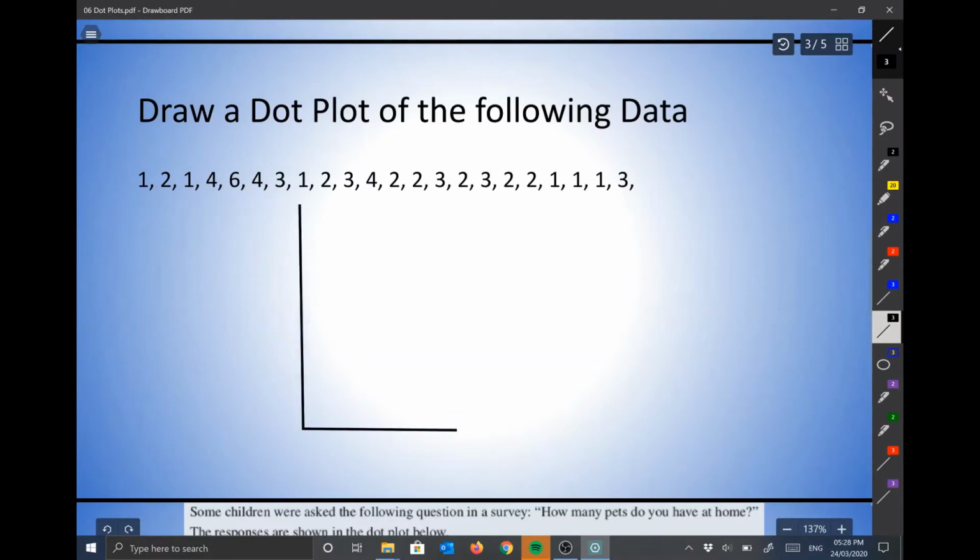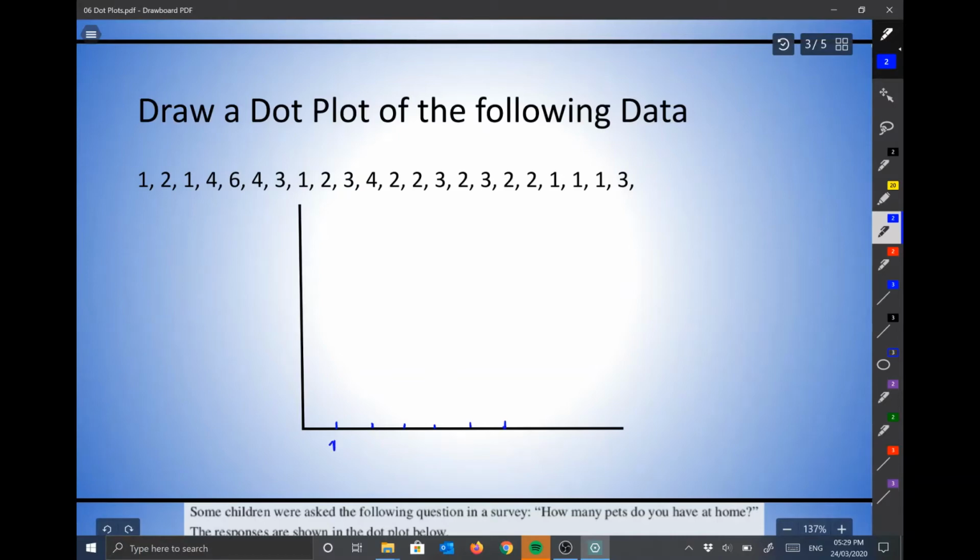And I think the best way for you guys to learn about dot plots is to see one being constructed. So this is going to work a little bit like our histograms from our last lesson. Along the bottom axis here, we're going to put our scores. So we have numbers 1 to 6.